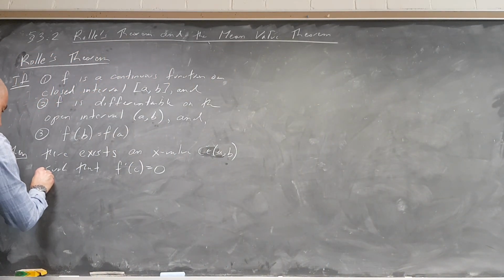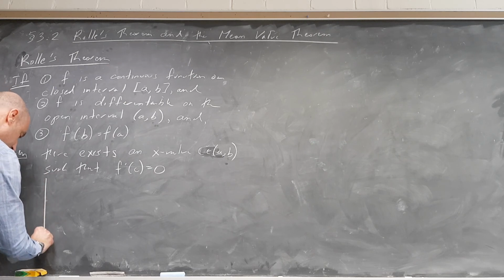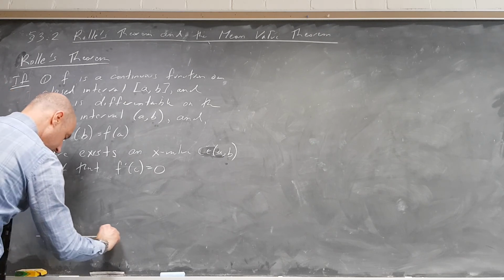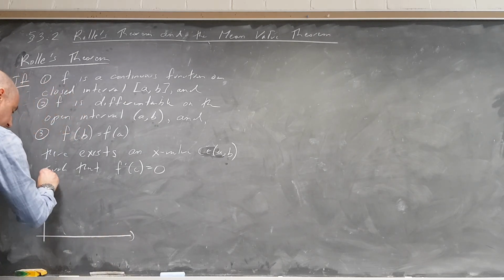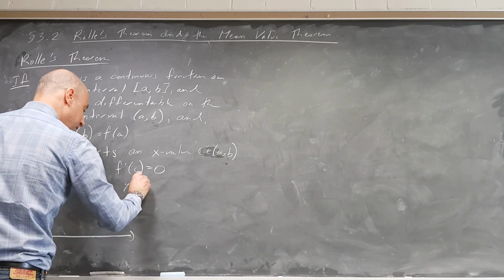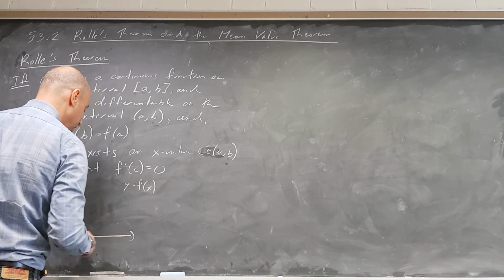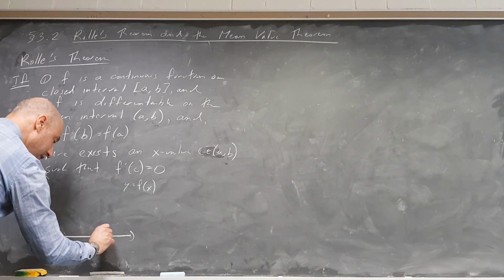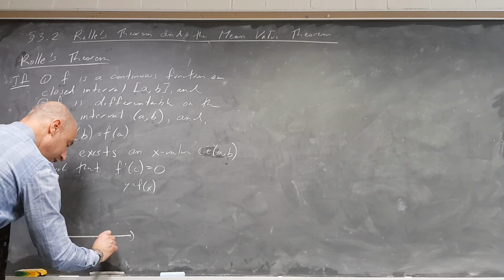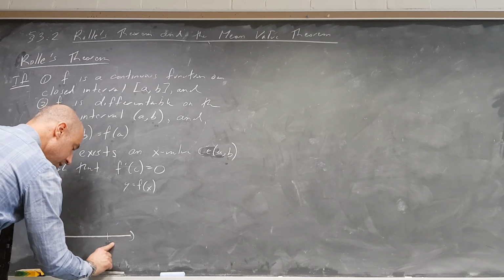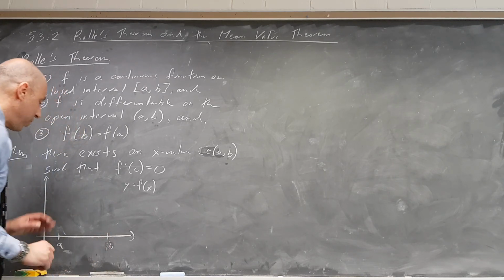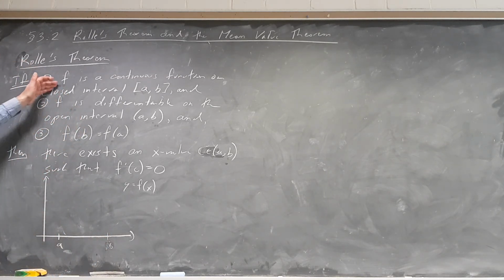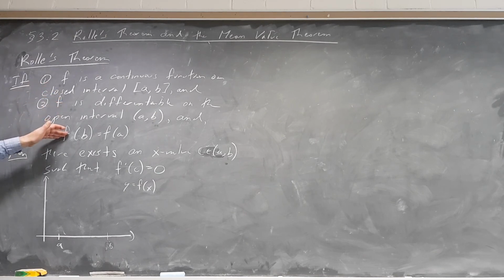Let's take a look at a picture. Let's say we have a graph, y equals f of x, and here we have our x value a, and here we have our x value b. I want to try to visualize what each one of these things says.